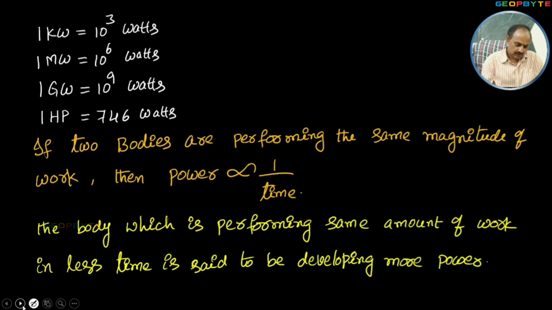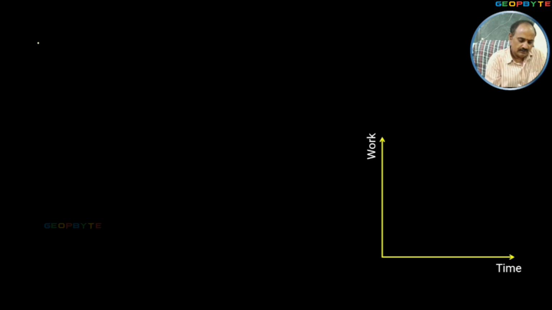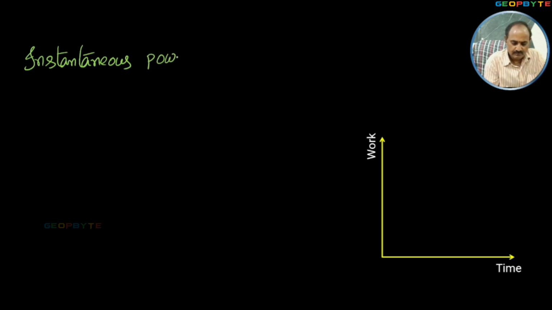Now as you know, the power P, that I can say is instantaneous power. Instantaneous power P equals dw by dt.